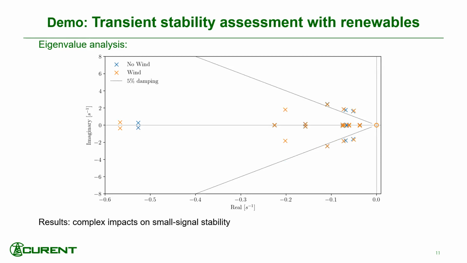This can be caused by many reasons, because you can have different renewable control models, different renewable power plant controls, and different wind turbine models. This might be worth further investigation.